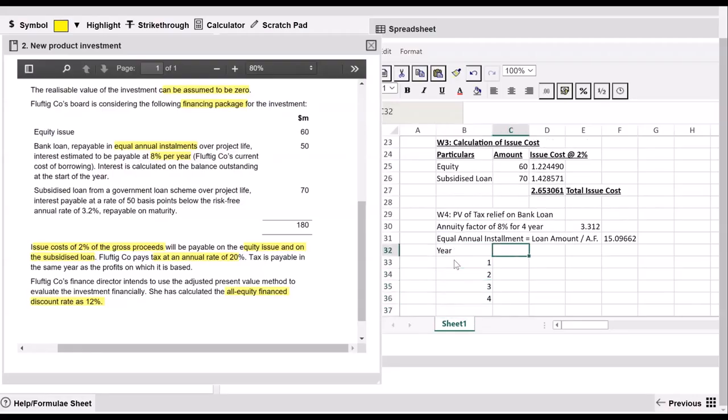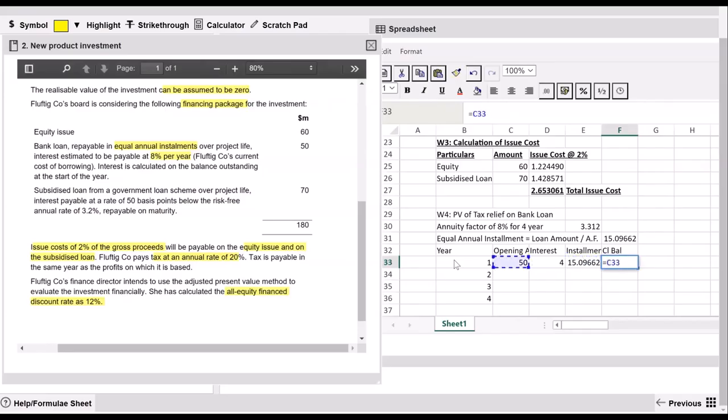1, 2, 3, 4. The first important thing is getting the opening loan amount, which is going to be 50. On that 50, the interest at the rate of 8%, and the installment, which is going to be 15.0669, and finally the closing balance.